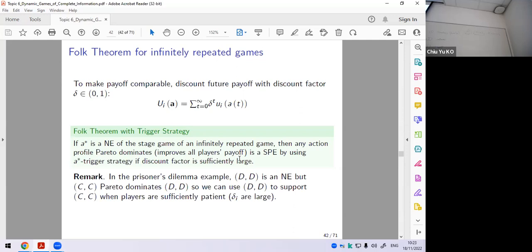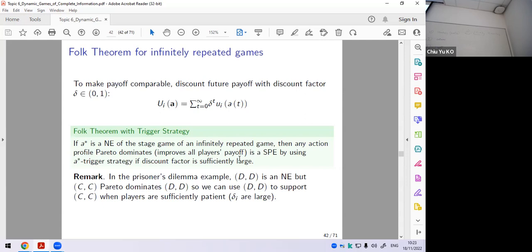What it says is, if in each stage game A star is a Nash equilibrium, and if there is any outcome that Pareto dominates, that means improves everyone's payoff, it need not be a Nash equilibrium, any outcome is fine, then we can make this happen as a subgame perfect equilibrium by using a trigger strategy.